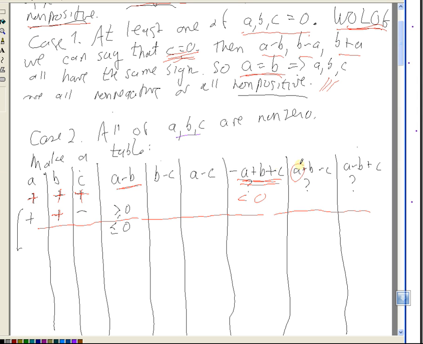Well, A is positive, B is positive, C is negative, so minus C is positive, so this number is greater than 0. So in this case where A and B are positive and C is negative, we do not have a voter paradox.